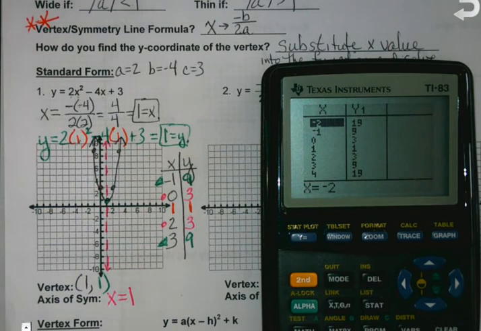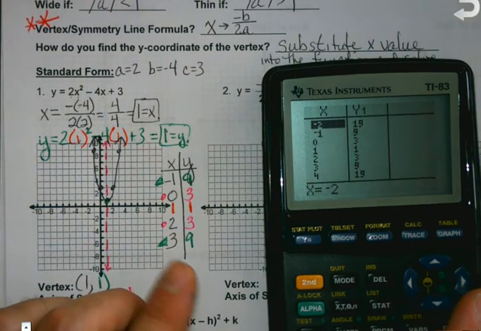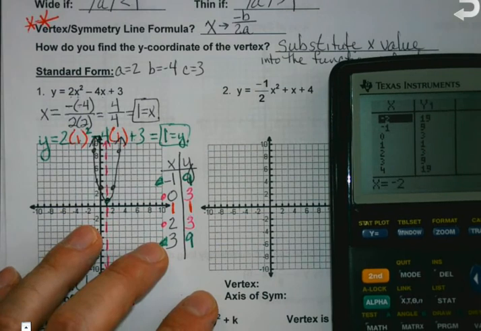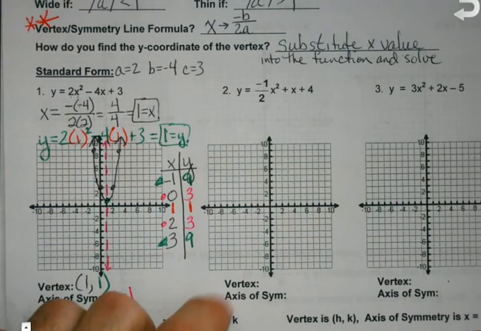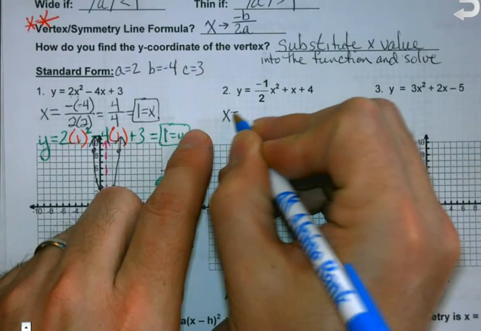So here's the part that I'm going to be kind of picky about with this. When you're doing one of these, I don't mind if, for instance, you get over to number 2 and you say, okay, Harty's doing all this stuff by hand, I don't really feel like doing this. Here's the one thing I want you to do. I always want you to find the x value of the vertex.